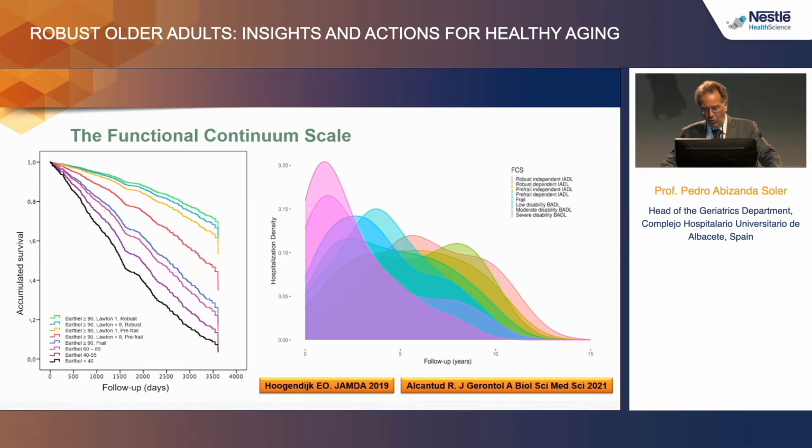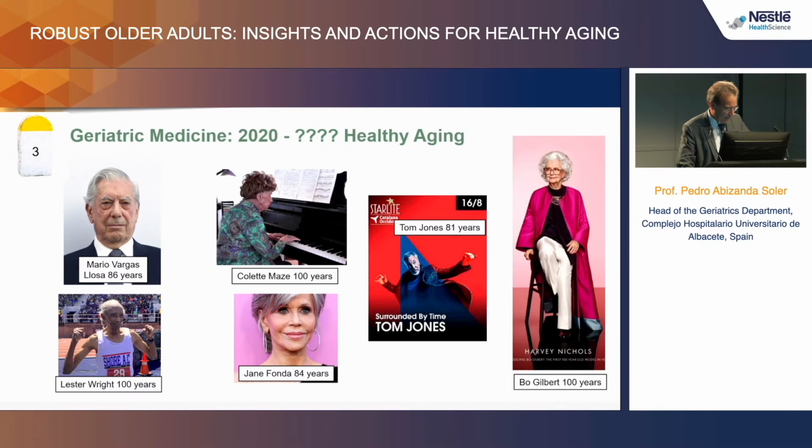So we have taken a look at how our older adults get hospitalized regarding our functional scale. And as you can see, those with high dependency get hospitalized in the first years of follow-up, those with frailty in intermediate timelines, and those that are or could be considered robust or with healthy aging at the end of the follow-up. So that's interesting.